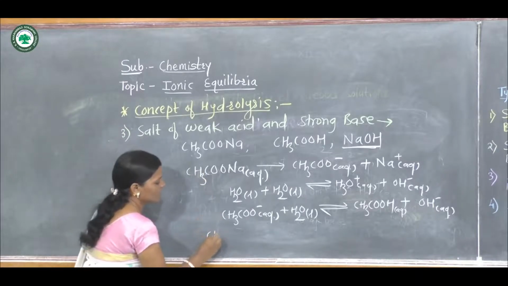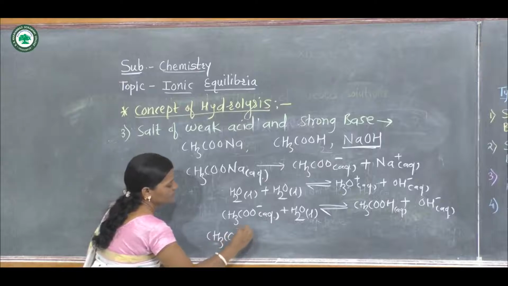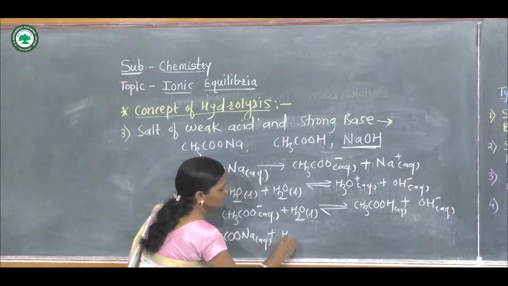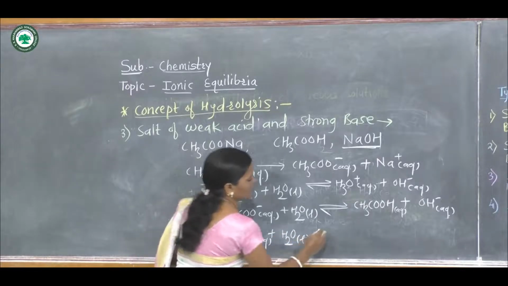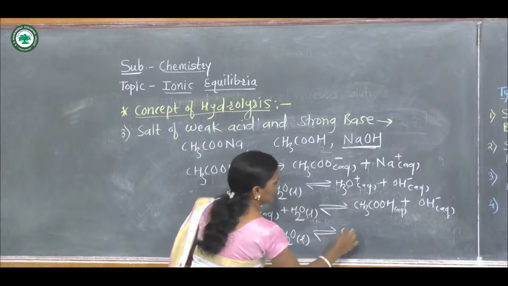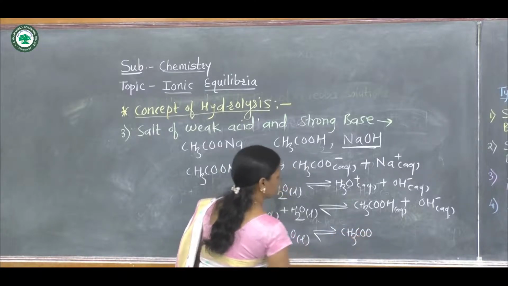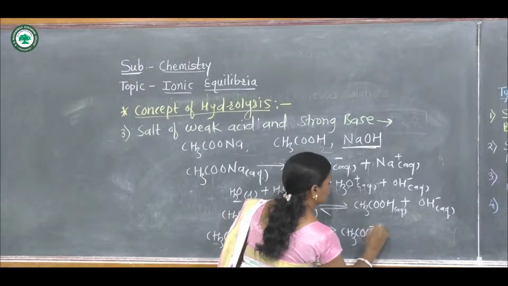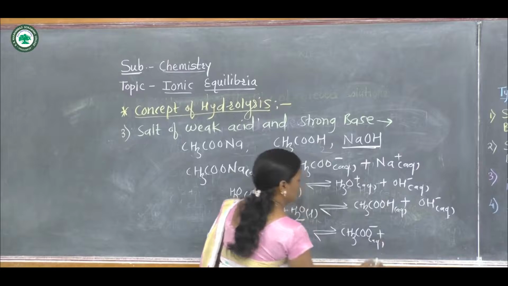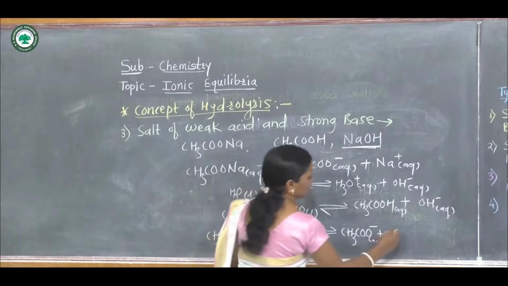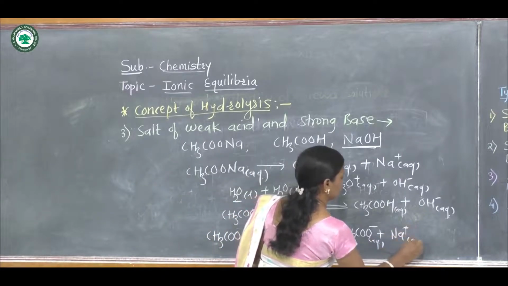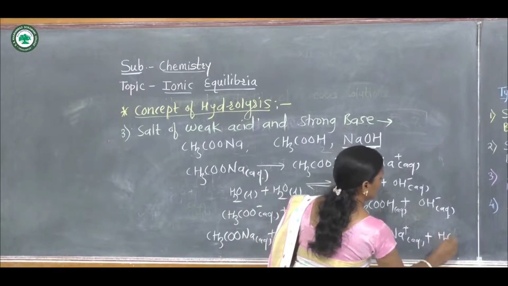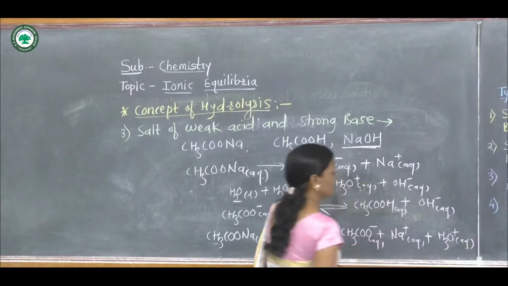Look here. Sodium acetate in its aqueous form, when it interacts with water, gives acetate ion plus Na plus ion, and here we get the formation of hydronium ion.